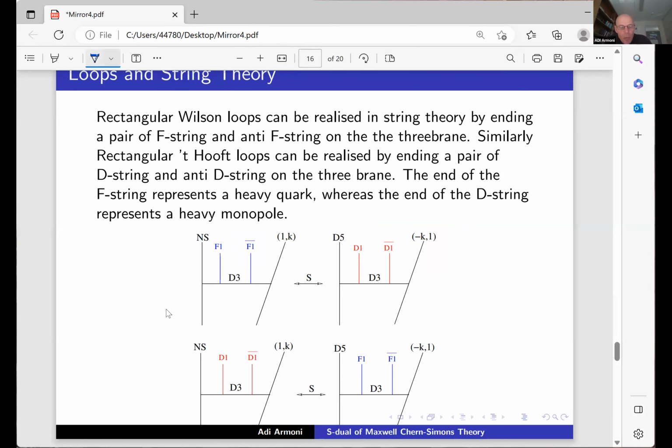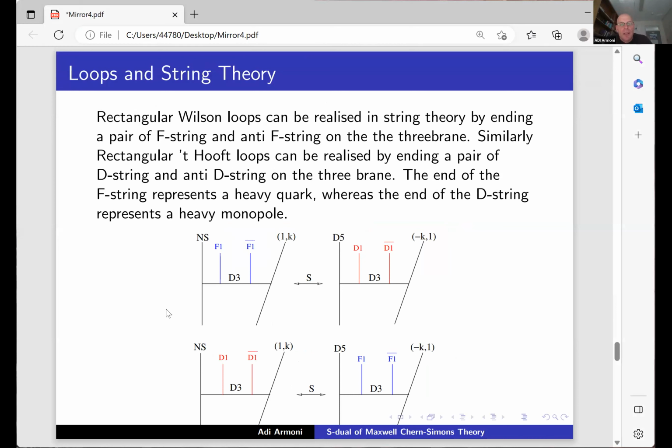So I want to claim that the rectangular magnetic loop in the electric theory, namely this thing, is trivial. And the reason is as follows. Suppose that I consider D1 and D1 bar far away from each other.